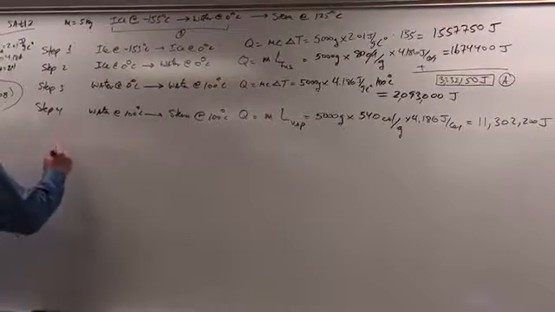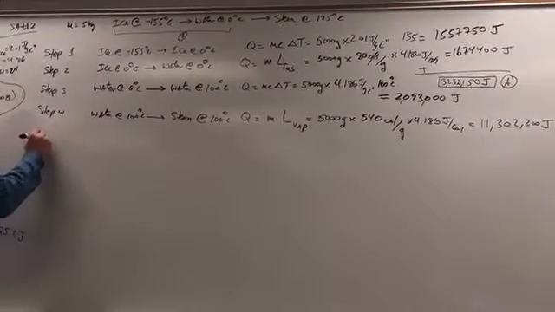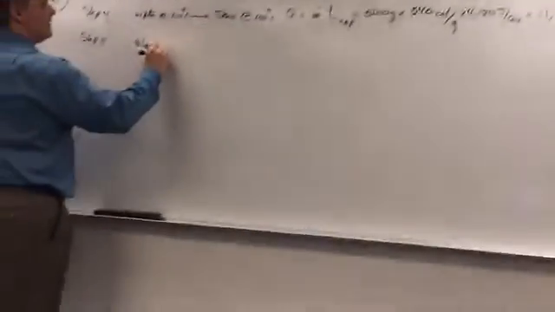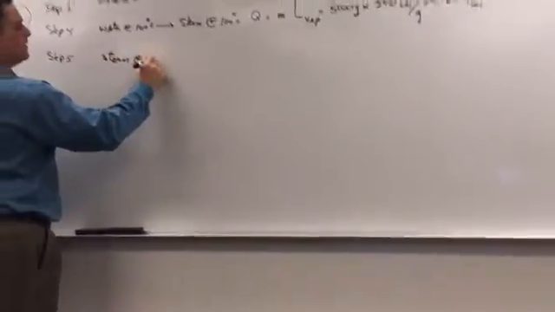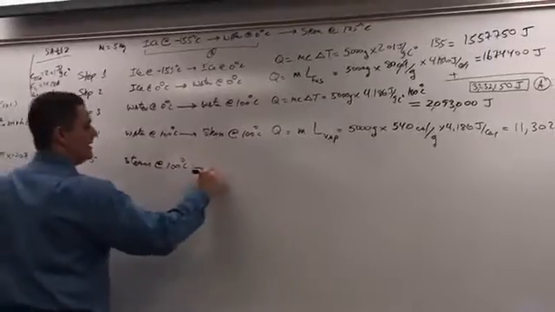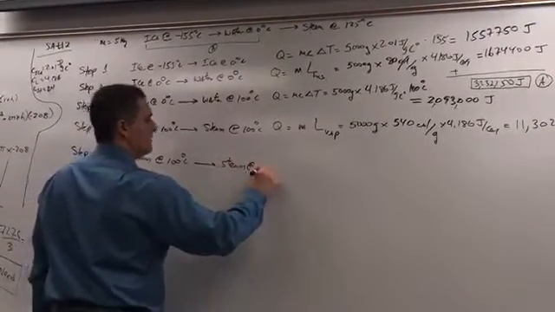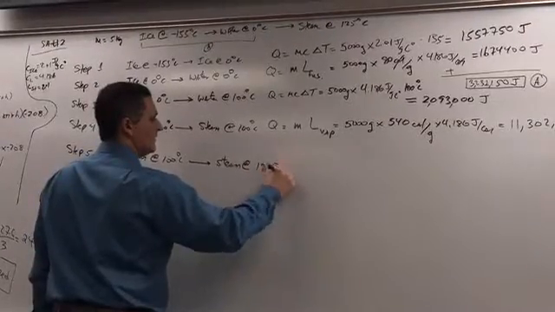Okay, the last step, now that we have steam, we have to warm the steam up. So step 5 is we take our steam, which is at 100 degrees Celsius, and we heat it up to steam at 125 degrees Celsius.